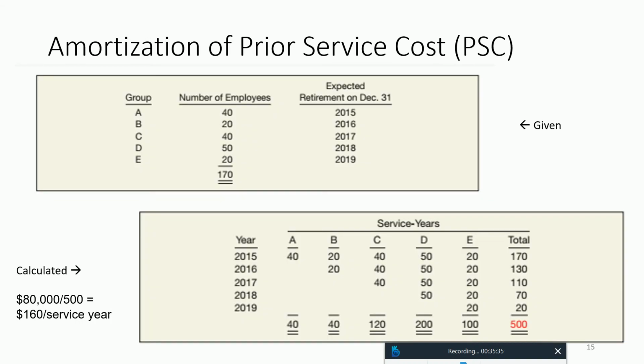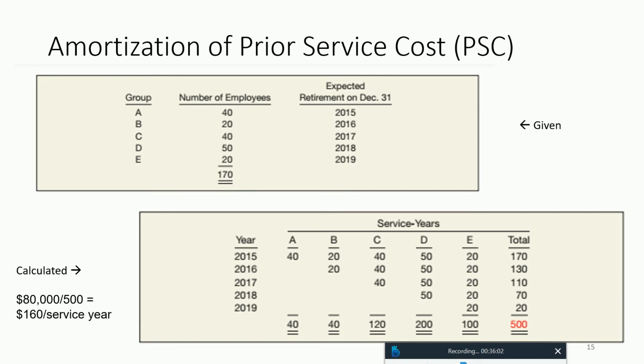So what that means then is that if you are retiring at the end of 2015, you are going to provide 1 more year of service. So the number then of service years related to Group A is only 40, because 40 times 1 year. So if you look in the second table, then you see Group A, there's 40, total of 40.